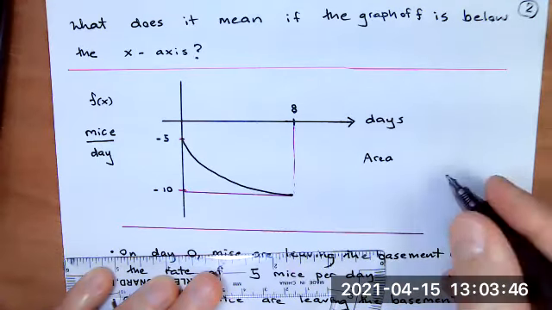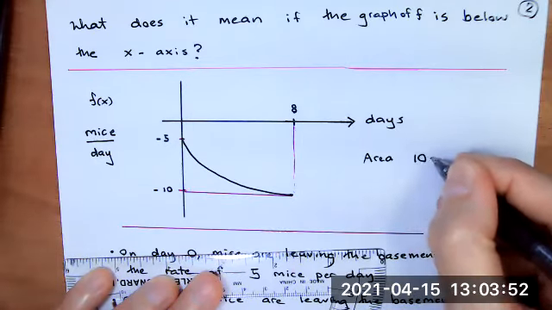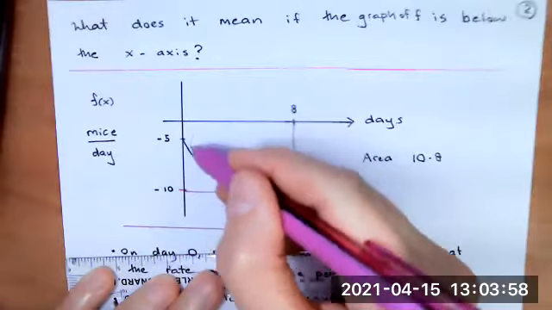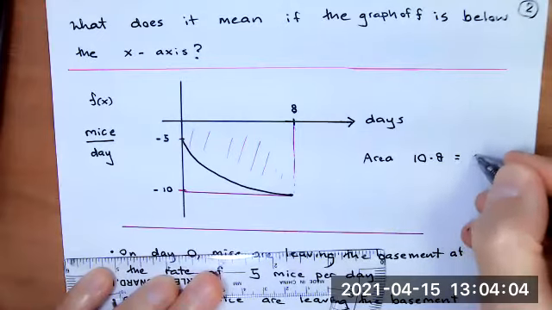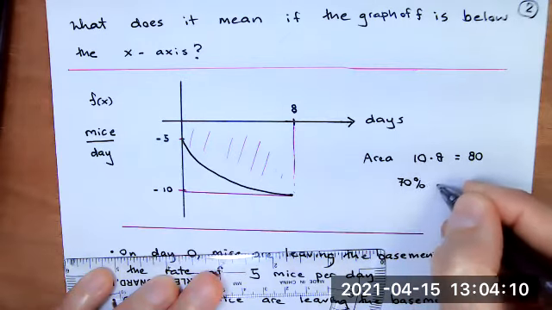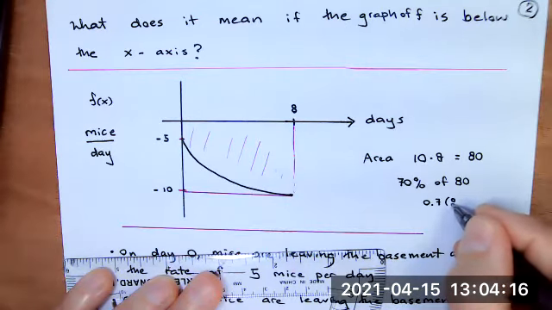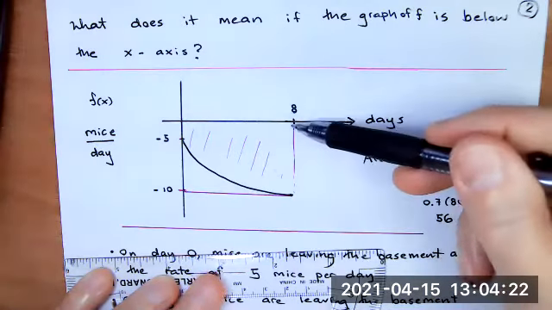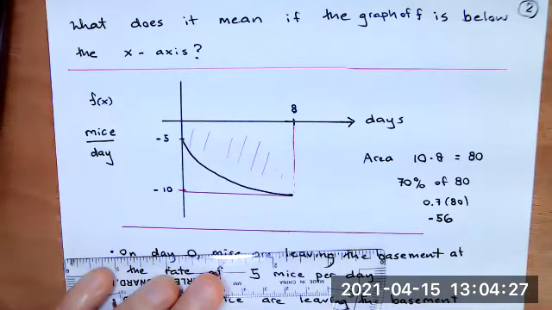So the area of the entire rectangle is 10 times 8, or 80. And then we want to estimate what percent is in this shaded region. Let's say it's about 70%. So 0.7 times 80 is 56. But because we're multiplying a negative, it's going to be -56.